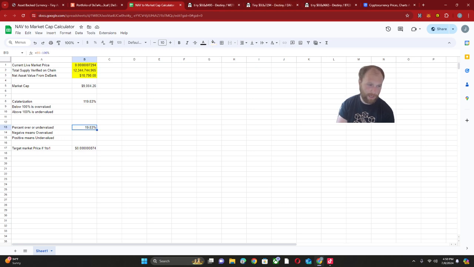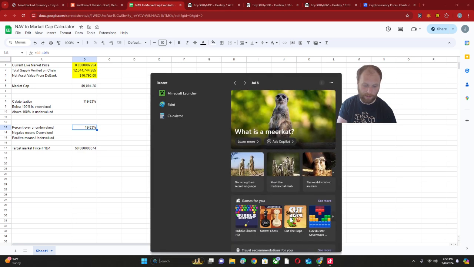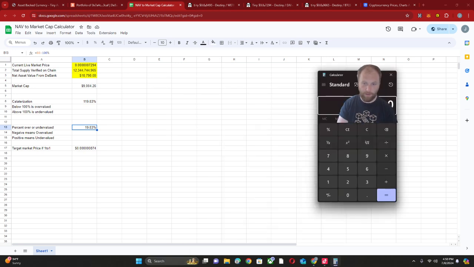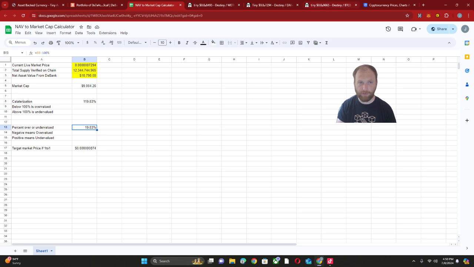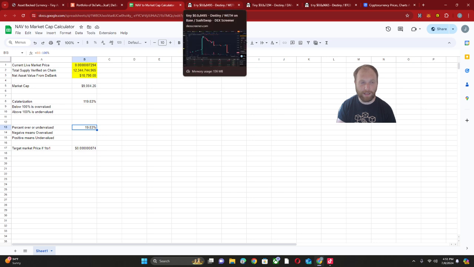And this is about 19.8%. So what is that? About 9.5 plus 19.8. So you're looking at about a 29% gain in the price differential between the Tiny on this chain and the Tiny on this other chain. So that's basic arbitraging of Tiny.